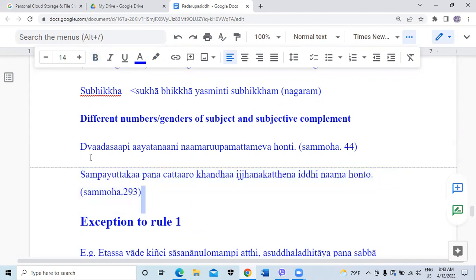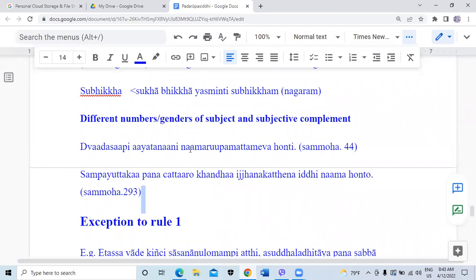So in the first example, we can translate Ayaranani as nāmarūpa. Also, the twelve bases are just nāma and rūpa. Just how to translate? Mind and matter.